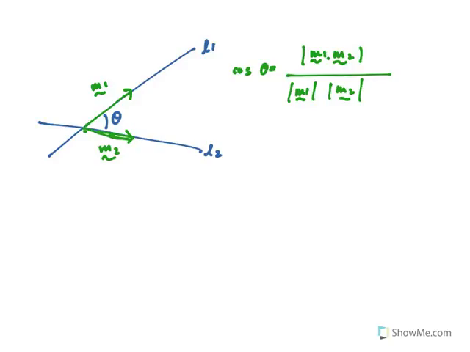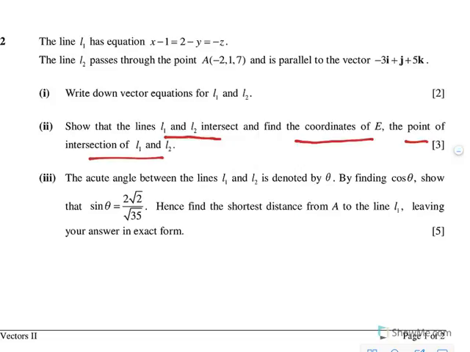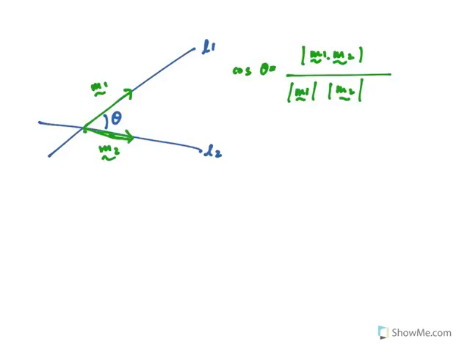I hope you recall what we learned. The direction vector m1 in this case is negative 3, 1, 5. The second is 1, negative 1, negative 1. This is m2. I hope you remember this from just now.